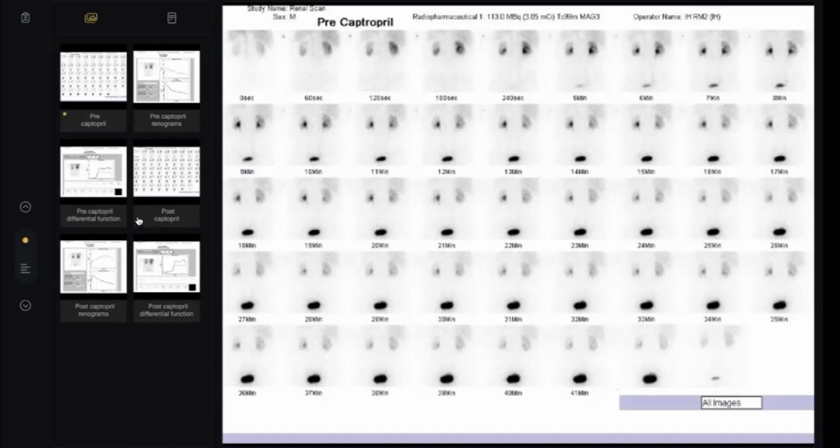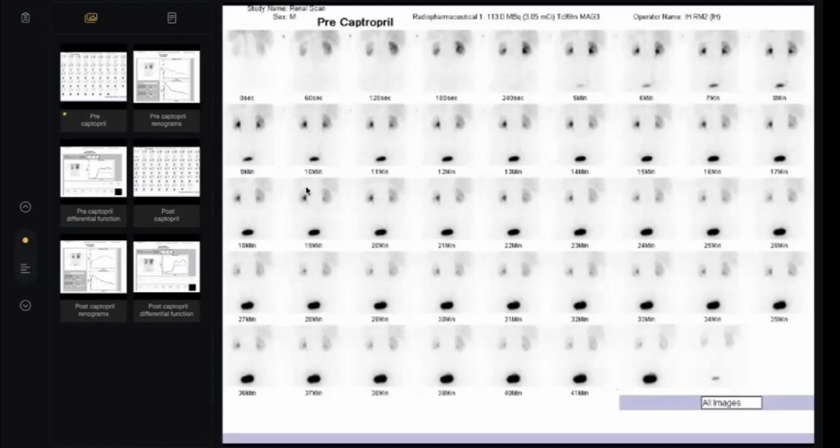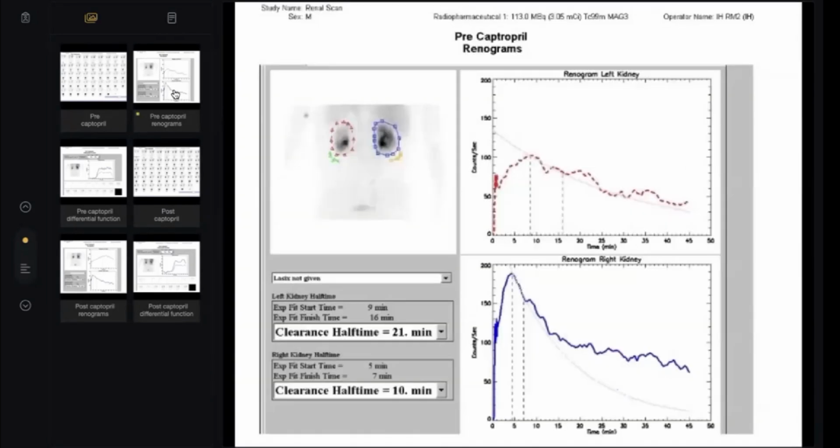Okay, let's see the curves. If you didn't understand what happened here, wait, please. The curve is very, very conclusive. What is this, doctor? Tell me. This is the renogram curve of the left kidney that shows the plateau curve.